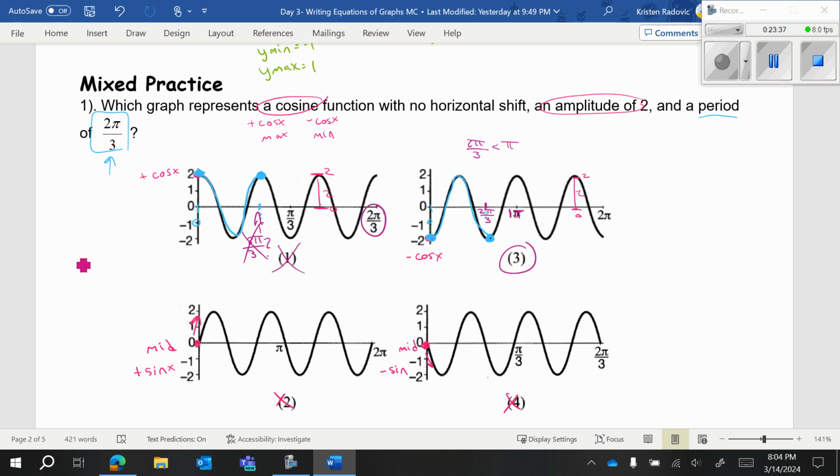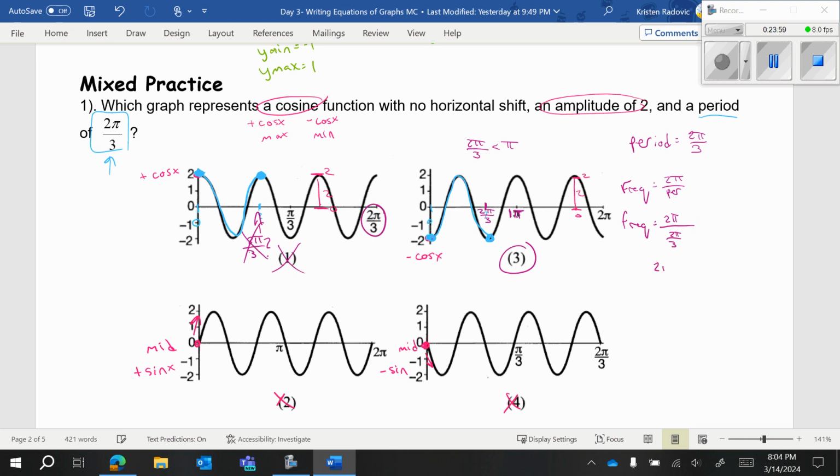Now, if that doesn't work for you, if your period is 2 pi over 3, your frequency is 2 pi over the period. So your frequency is 2 pi over 2 pi over 3.